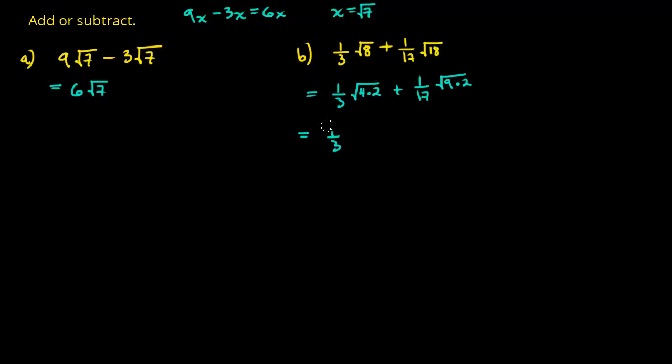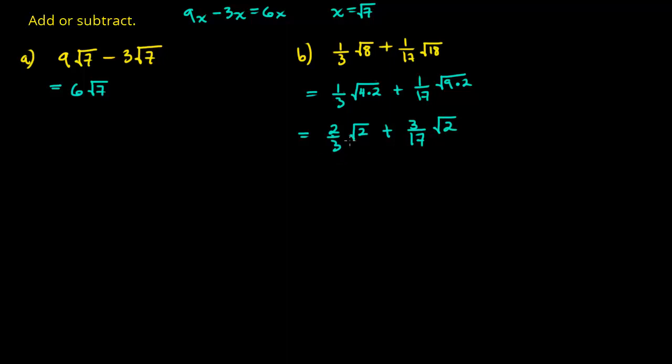Actually, let's think about this a little bit differently. The square root of 4 is just 2. So this is going to be 2 over 3 times root 2, plus, the square root of 9 is just 3. So we're going to have 3 over 17 root 2.